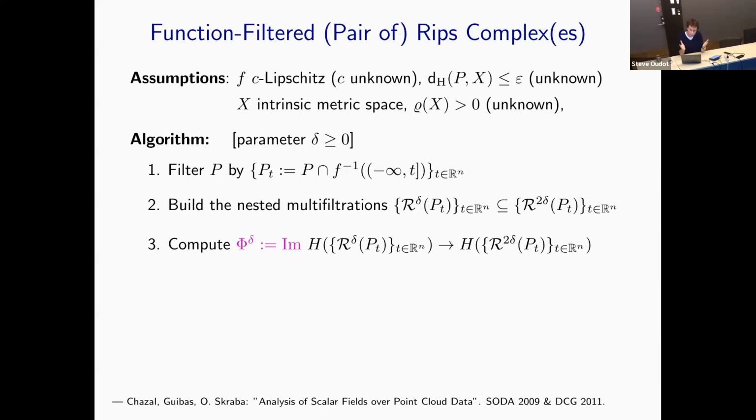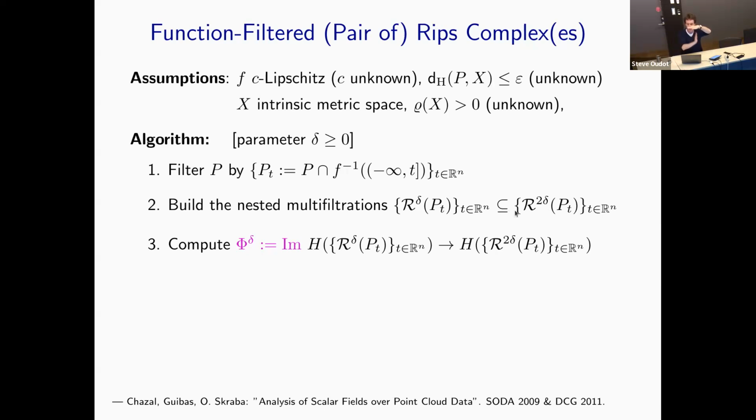Okay? What I can tell you though is that if you take now a pair of Rips complexes, so I build two Rips complexes, one of parameter delta, which is fixed, and another one of parameter 2 delta, and each one of them I filter by the function values. Then I get two persistence modules in homology, but I also have inclusions between these two complexes.